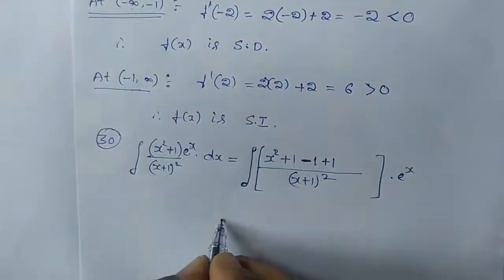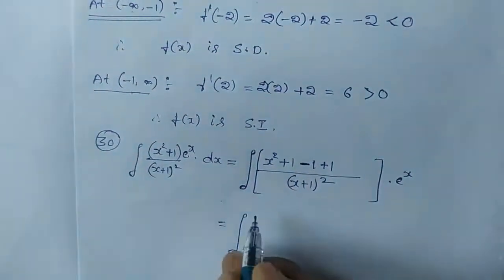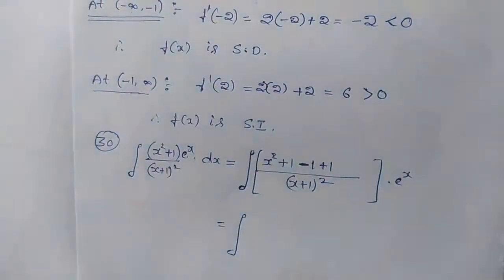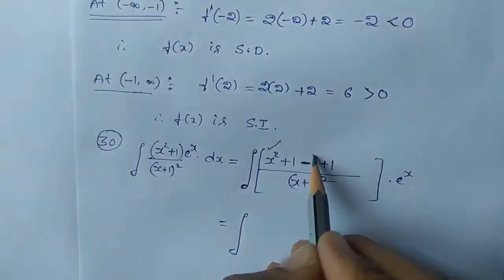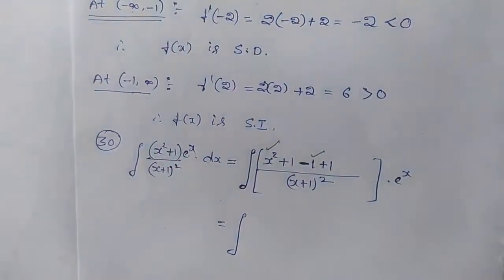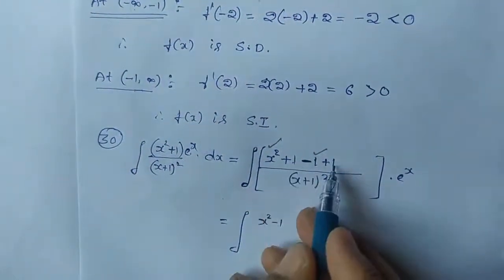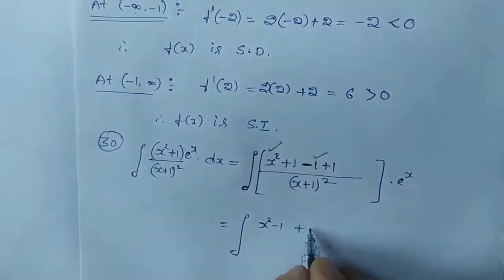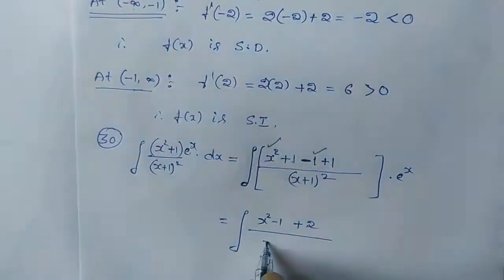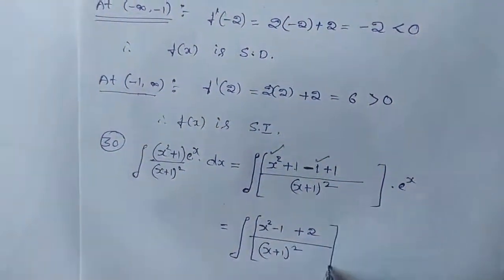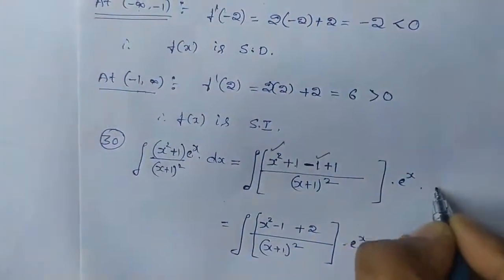Then what we will get is the integration of x square minus 1 plus 1 and plus 1 is plus 2, whole divided by x plus 1 whole square, into e power x dx.